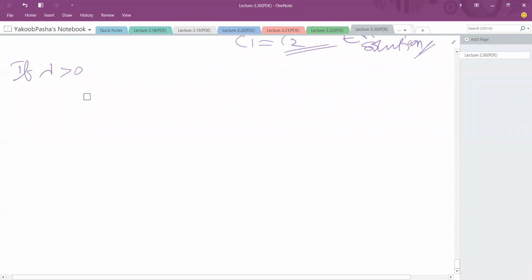When lambda is a positive number, then lambda is equal to mu square. In this case, the solution is, I'm writing directly, y of x is equal to c1 cos mu x plus c2 sin mu x.